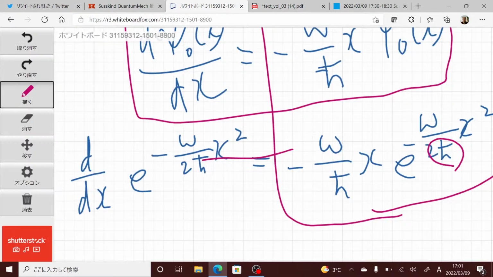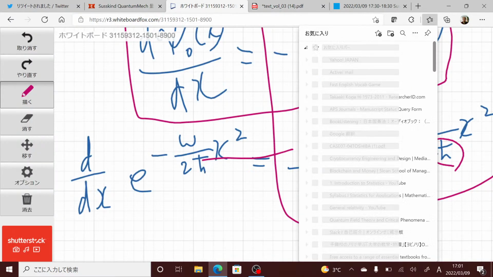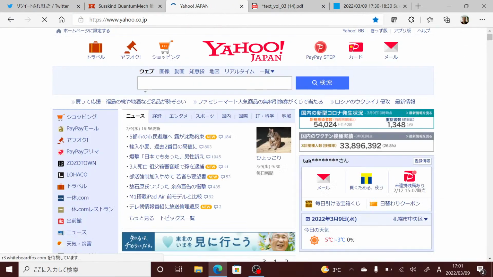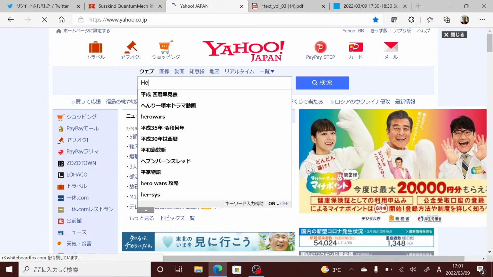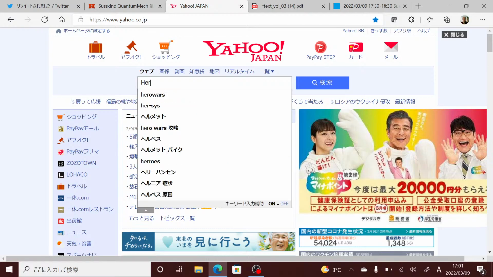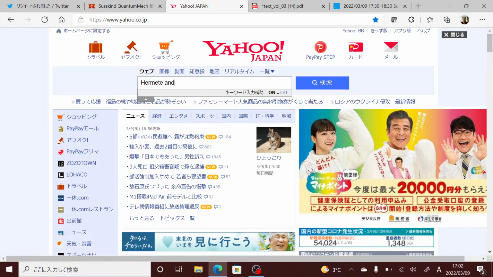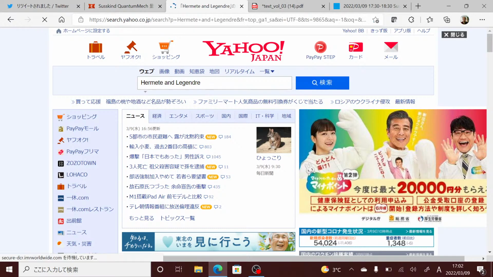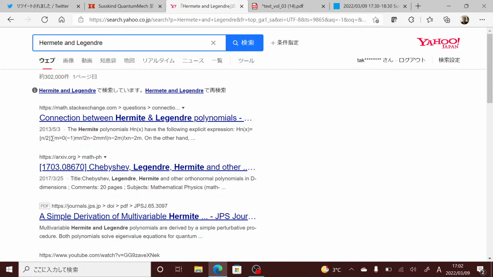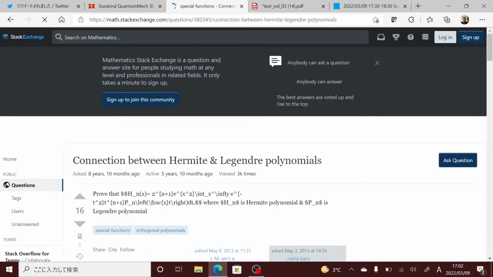This is what I was wondering: the connection between Hermite and Legendre polynomials.